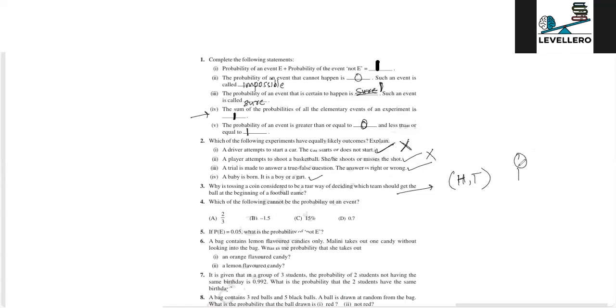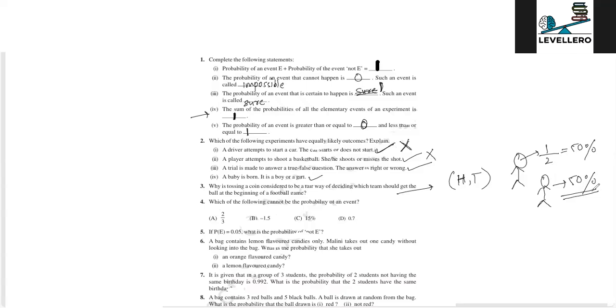So if player one says head, he has a probability of 1/2, which is 50%. And the other player's probability of winning is again 50%. So that's why tossing a coin in a football game to decide which team is going to start is a completely fair way of starting the game.